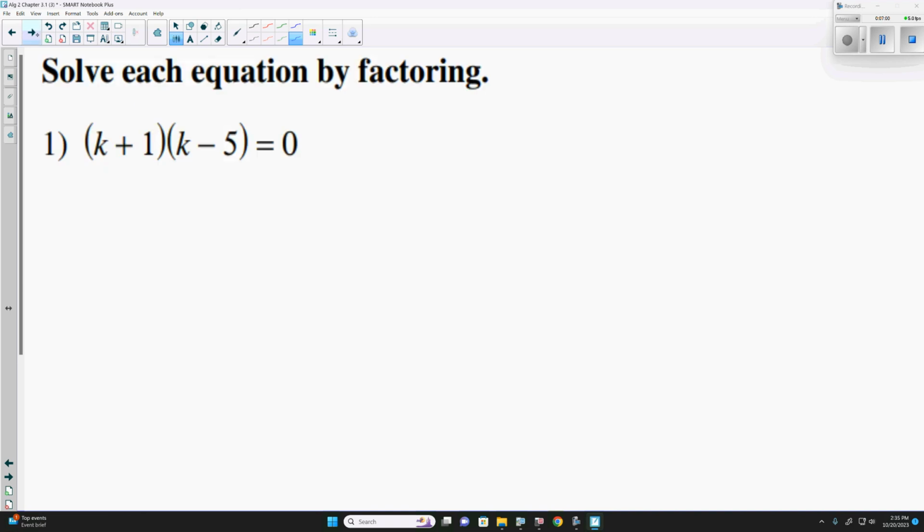So we want to solve this equation by factoring using the zero product property. And what we're told is that k plus 1 times k minus 5 is 0. Well, we have two things multiplied together that equal 0, so it means that either k plus 1 is 0 or k minus 5 is 0.